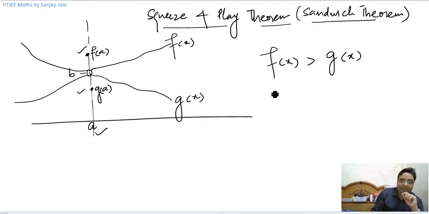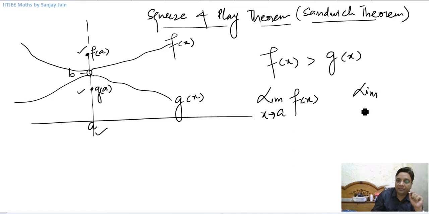Now, if I take limit x tends to a of f of x and limit x tends to a of g of x, right? What is the limit x tends to a of f of x? What I mean to ask is, when x approaches a, where does f of x approach? It approaches this point, right, which is b. So this limit is equal to b. And tell me about g of x.